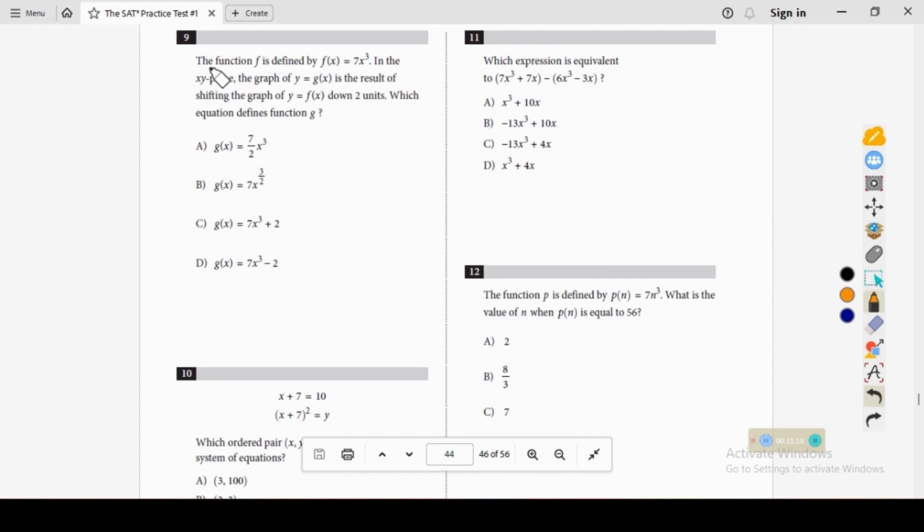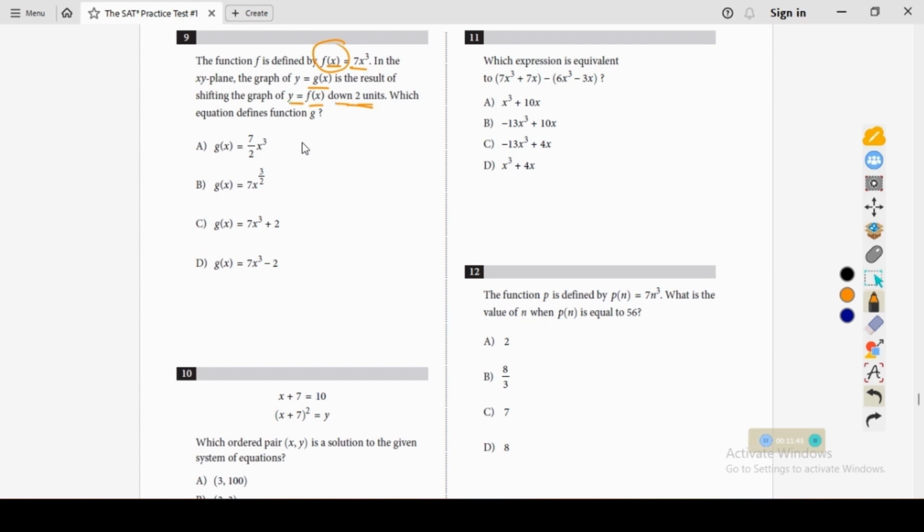In question number 9, the function f is defined by f of x equals 7x cubed. In the xy plane, the graph of y equals g of x is the result of shifting the graph y equals f of x down 2 units. Which equation defines the function g? The graph g is obtained by shifting the graph of f of x by 2 units down.